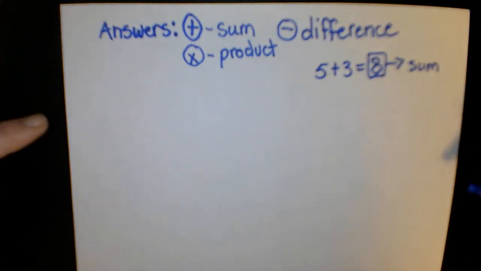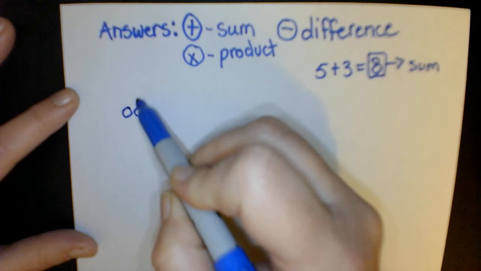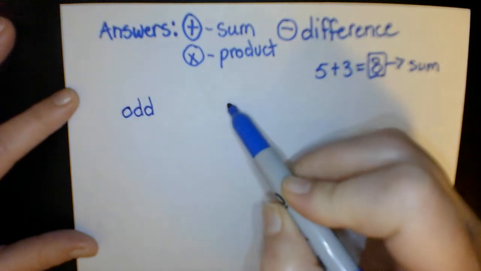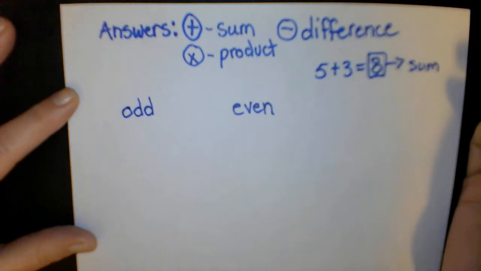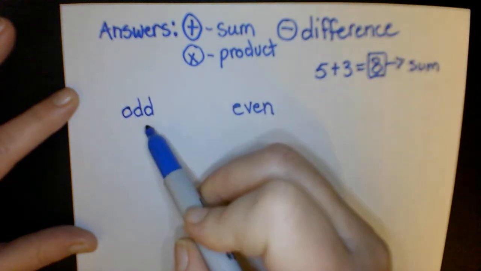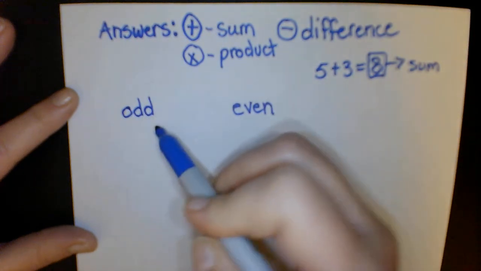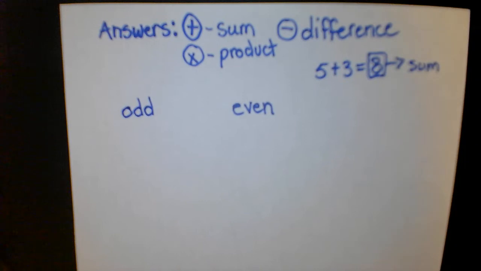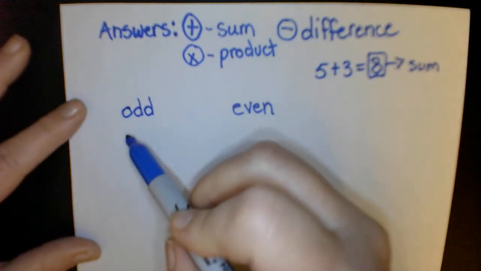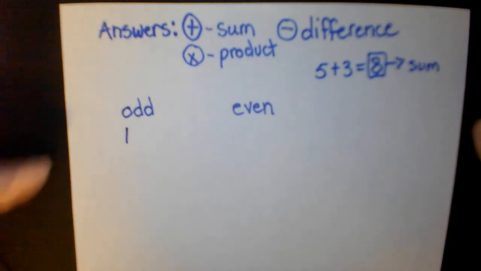Something else, some other words that may be helpful is talking about odd and even numbers. Okay, so just a quick review. If it's an odd number, those are numbers that we cannot evenly share. So, for example, 1. I can't evenly share, well, I can evenly share it, but I have to cut something in half.